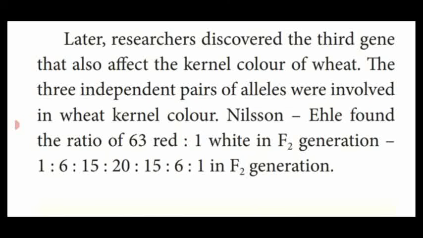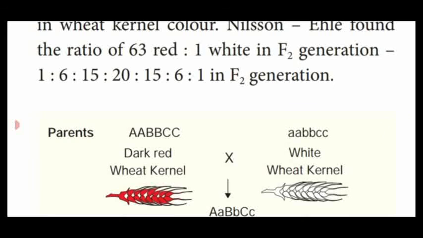So finally Nilsson-Ehle found a different ratio, that is 63 red color and 1 white in the F2 generation, and also a different ratio of 1:6:15:20:15:6:1 in the F2 generation.